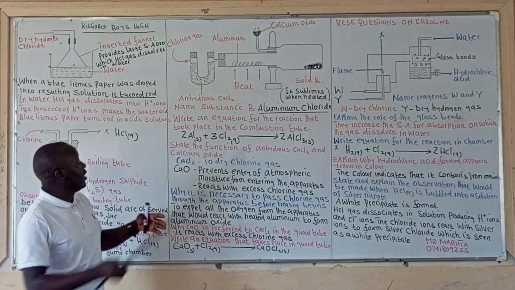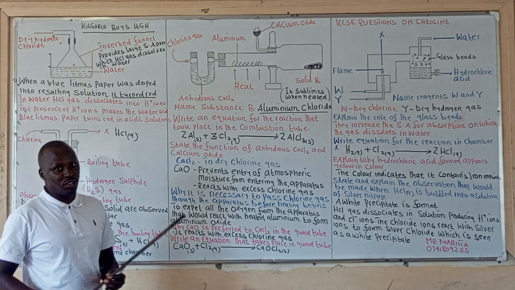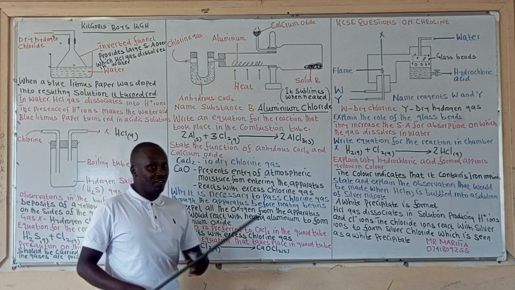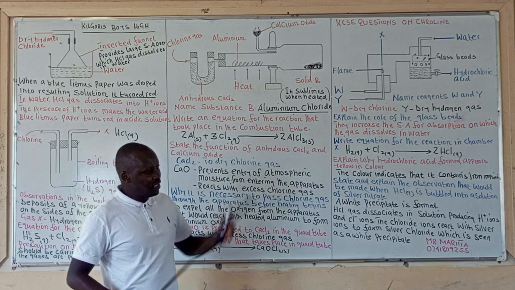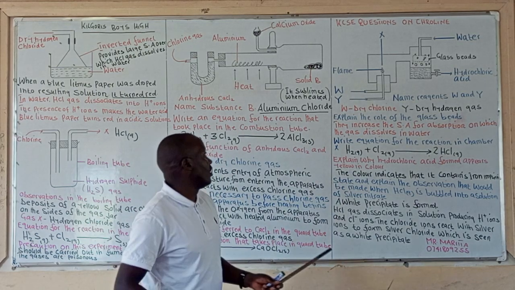So I've said that in place of this, aluminium and iron metal can also be used. Let us look at a very important diagram. That is the preparation of hydrogen chloride gas, or hydrochloric acid in this case.